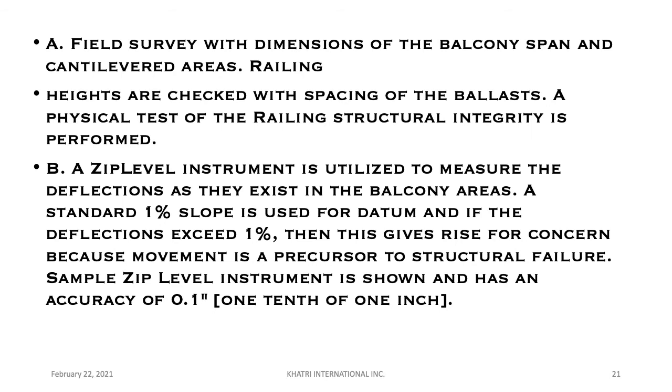A standard 1% slope is used for the datum, and if the deflections exceed 1%, that gives rise for concern because the movement is generally signaling a structural failure is coming. The zip level instrument is accurate down to 1/10 of an inch. We'll do these non-destructive tests first to see if the balcony passes. If it passes, we'll issue a letter that says you're in compliance. If it doesn't, we'll ask for a phase 2.